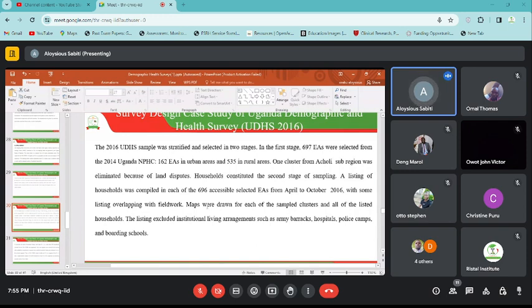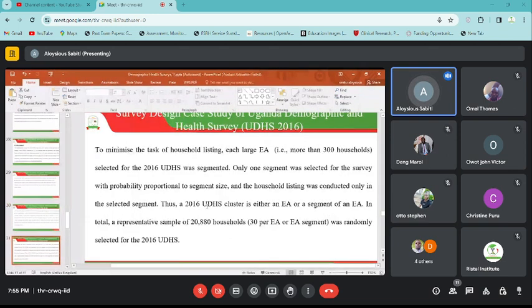So a listing of households was compiled in each of the 696 accessible selected enumeration areas, and maps were drawn for each of the sampled clusters and all of the listed households. This is what we call sampling. Now, these are all processes through which sampling was done. So to minimize the task of household listing, each large enumeration area, any enumeration area that had more than 300 households, was segmented.